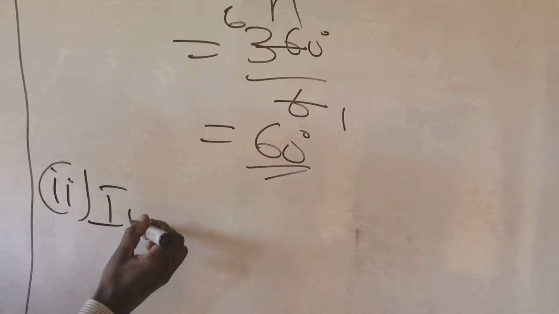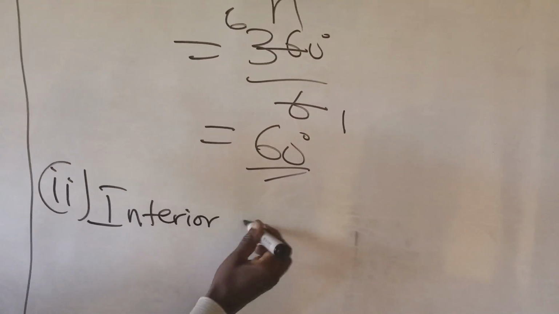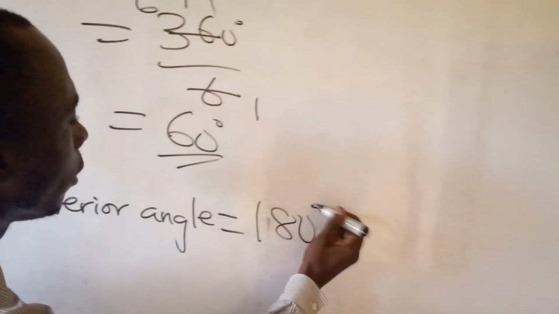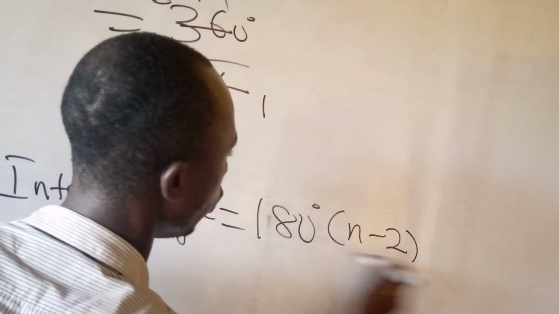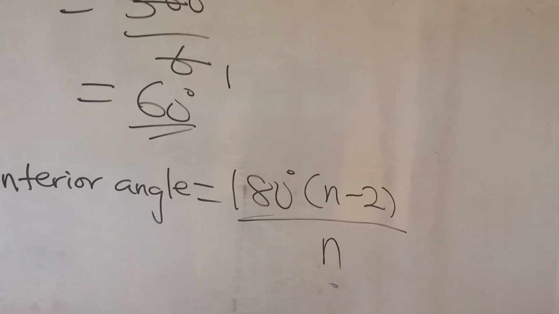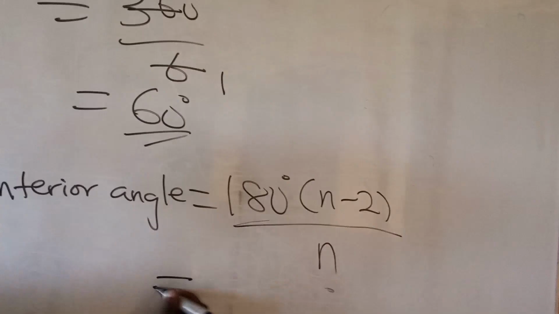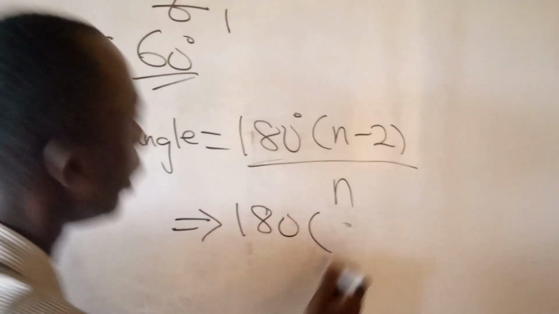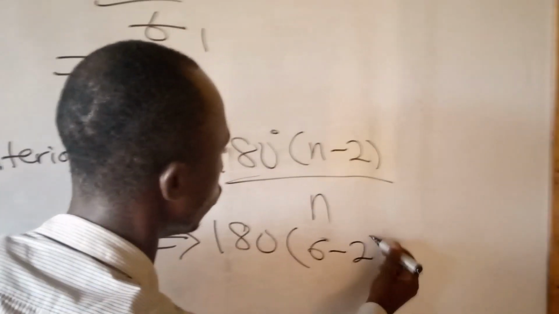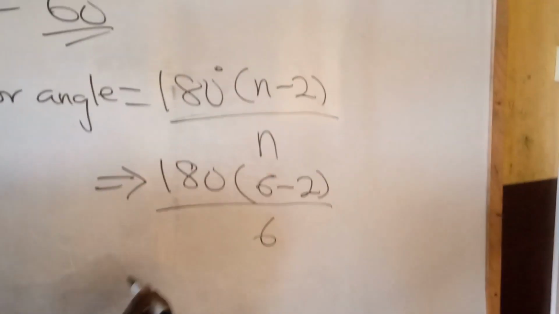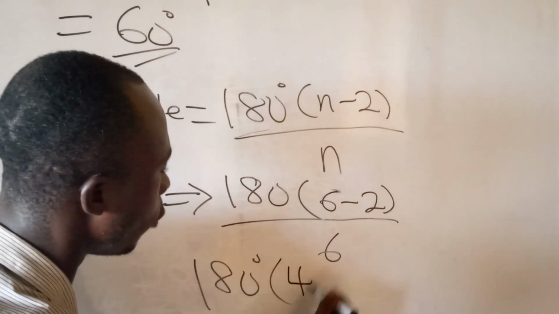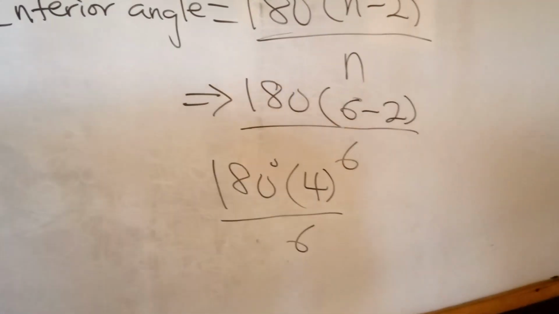Our interior angle is 180 times n minus 2, over n. That's the formula. We know our n to be 6. So 180 times 6 minus 2, over 6. 6 minus 2 gives us 4 over 6.